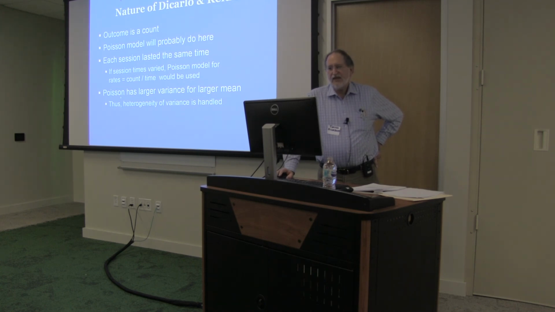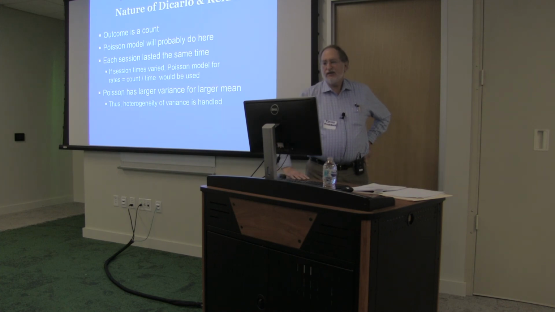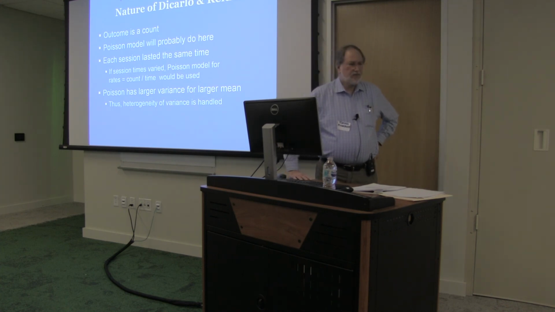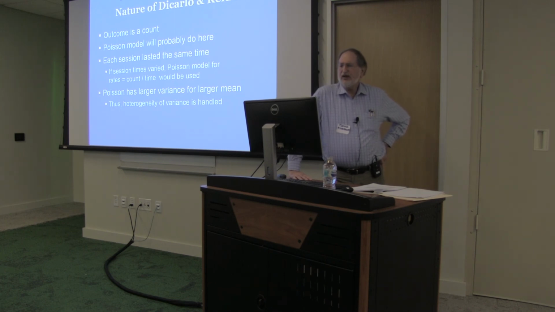The Poisson has the interesting quality here that we needed, which is there's a larger variance for a larger mean. If you have a mean of one pretend play action per session, they're not going to go very high. They'd go 0 or 1 or 2, 1, 0.